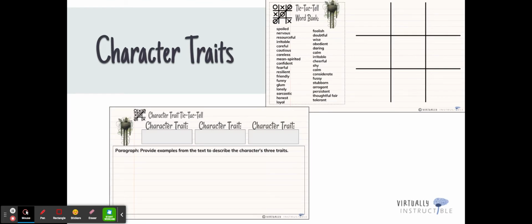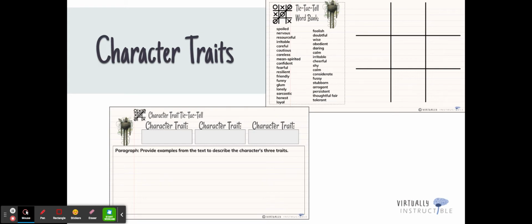Here is an example of how to use this same strategy with character traits in your ELA lessons. You can give them a list of character traits and have them fill in the board with character traits that they think apply to the main character or any character in the reading. Or you can let the students fill in the board.